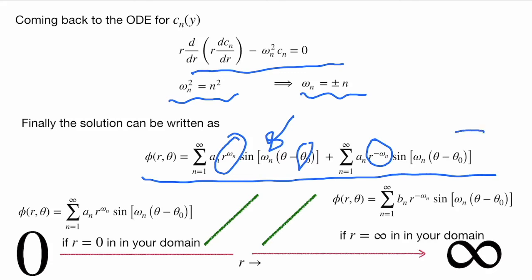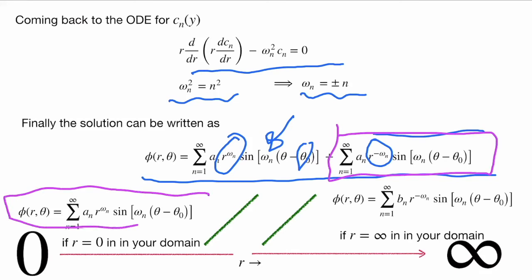Then we cannot use the series with the negative power. That means your solution has to be only in terms of sum n equal to 1 going to infinity a_n r to the power plus omega n sine (omega n theta minus theta naught), because r to the power minus omega n blows up and we have to ignore that solution.